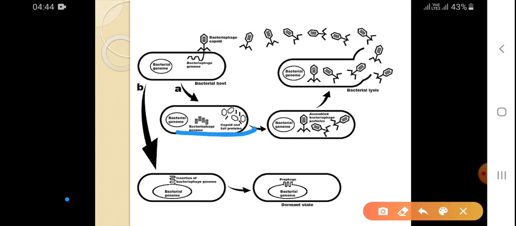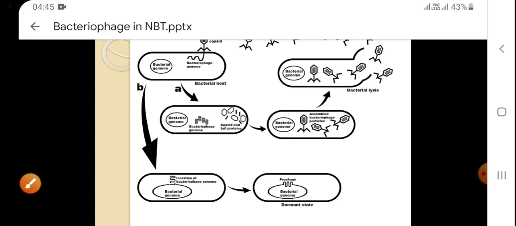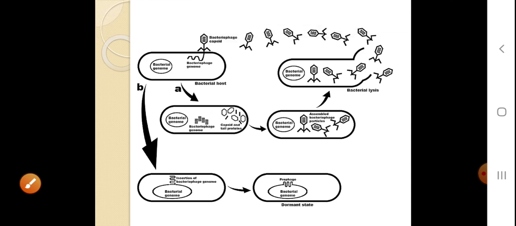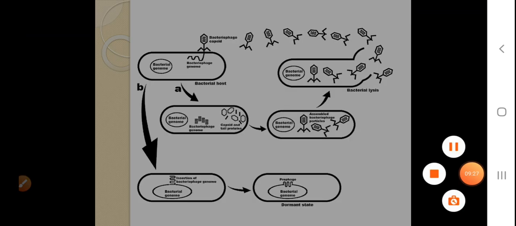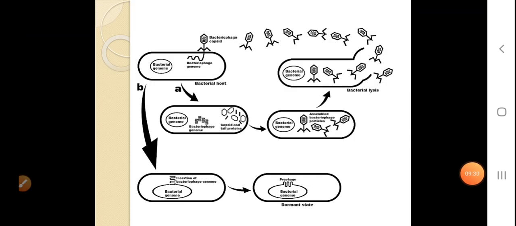As you can see, it follows a pattern. These proteins are synthesized, and they assemble themselves. So it follows the organized pattern. This self-assembly is a characteristic feature which is applied in your nanobiotechnology.